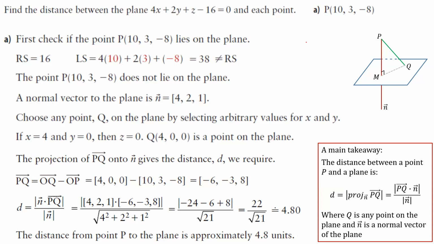Of course, you can choose some other point on that plane. As long as your point is on that plane, you'll be fine, right? And next, we can find the projection of vector PQ onto the normal vector n.